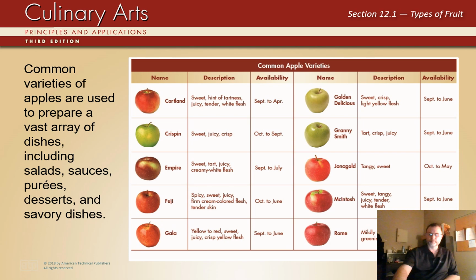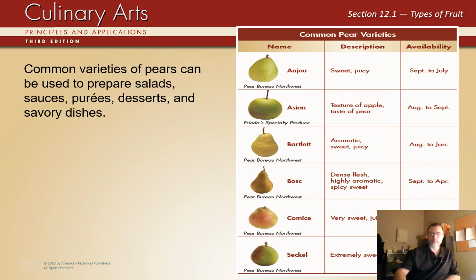So there's also a lot of different types of pears, and pears are also available during the winter time because they hold up very well and they store very well. Some of the main pears are the Anjou, the Asian, the Bartlett, the Bosc, and then there's a couple other ones called the Comice and the Seckle.